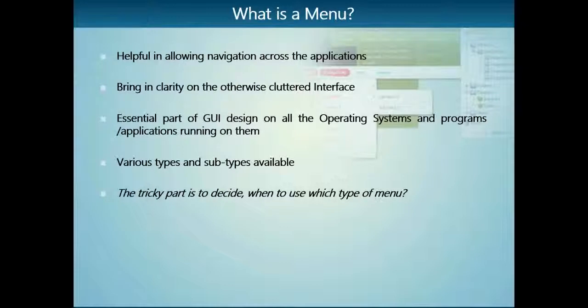There is no menu that can be called the best. It is always the situation, like the interface, number of options, consistency with the application, client requirement, device being used, etc., that needs to be considered while deciding the menu to be implemented.